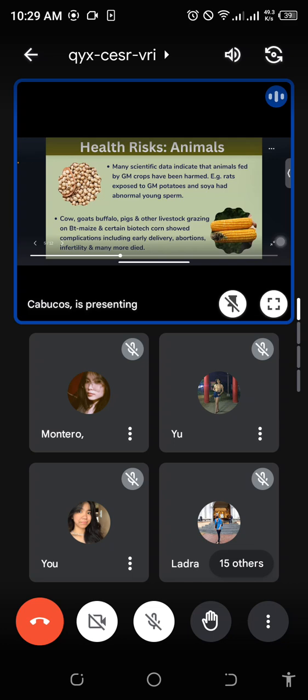As you can see in the picture, we have a healthy corn and a corn that has been damaged. With the help of engineering, science, and technology, this corn now exists. As we continue, studies showed complications including early delivery, abortion, infertility, and many more.